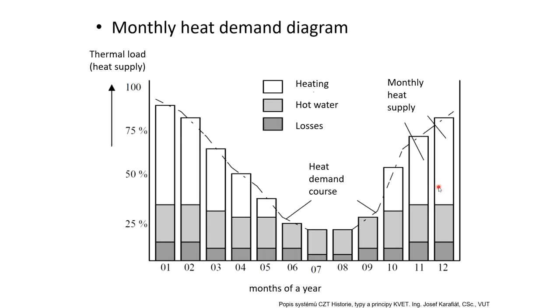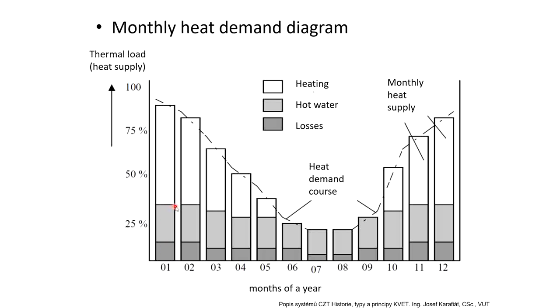This heat demand can of course change based on the month of the year. What is seen over here is the demand for heating, hot water and losses in the system distributed among different months of the year. So we can see that in winter we have really high heating demand, then the amount of the required hot water is lower, and then there is some share of the losses.